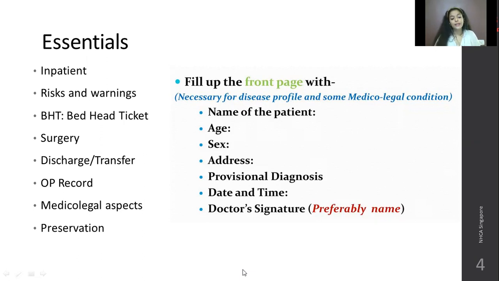Here they have given 20 years, but usually if you go to a hospital and see it in practice, medical legal cases are preserved for the entire life. They will not be discarded. So that's about the preservation.